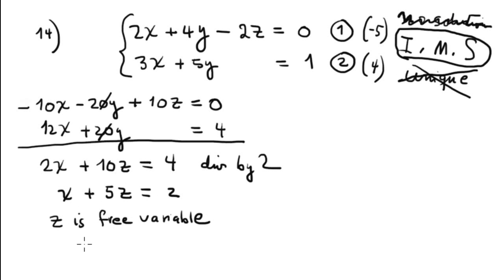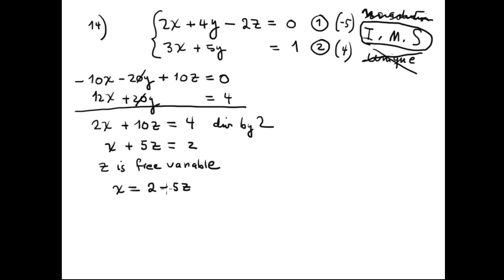Okay, now I solve for x, which is equal to 2 minus 5z. Okay, I want to determine then the relationship between y and z. Now I can use either equation. I take the easier equation, for example, equation number 2.